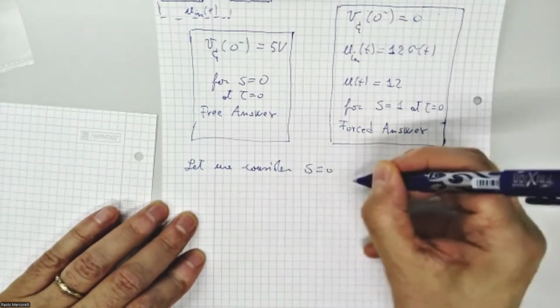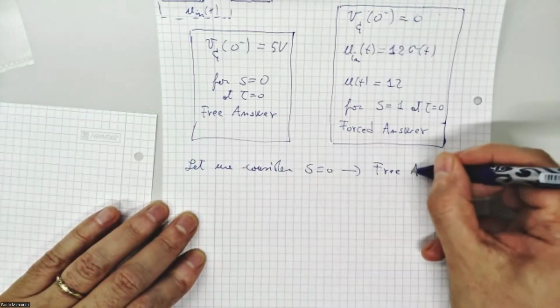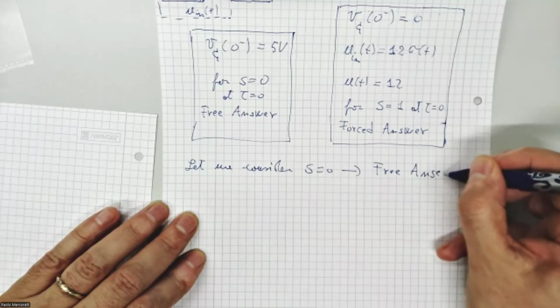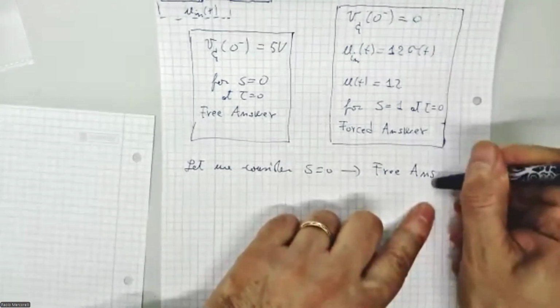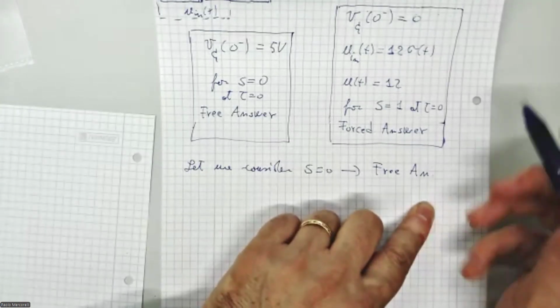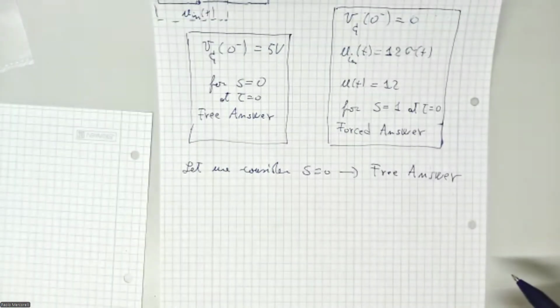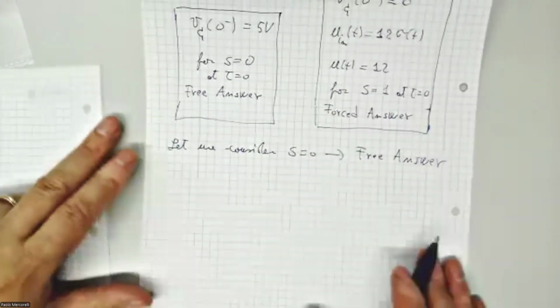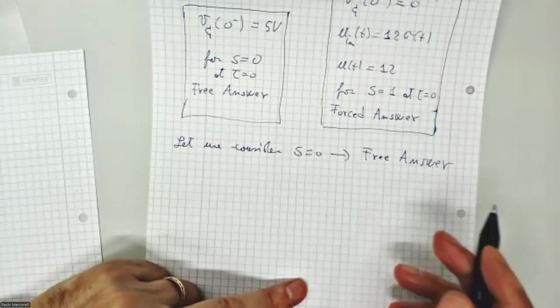S equals 0, this implies at the beginning free answer. Typically we start always with this, but not necessarily. Okay, let me start to analyze this.